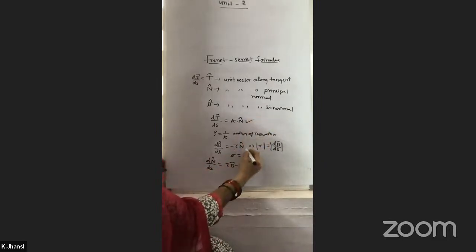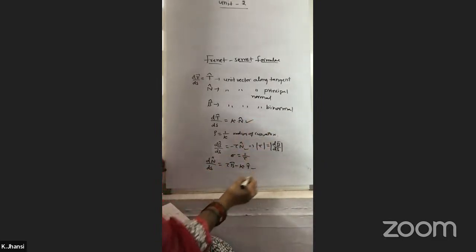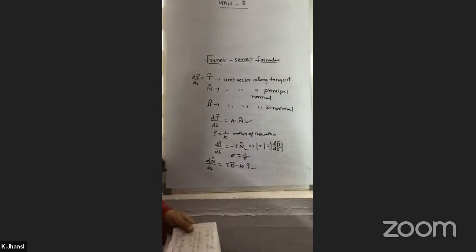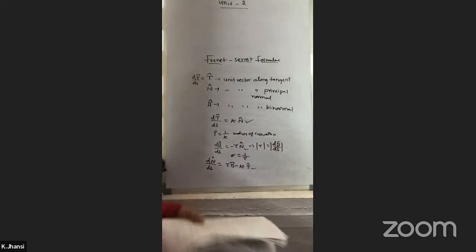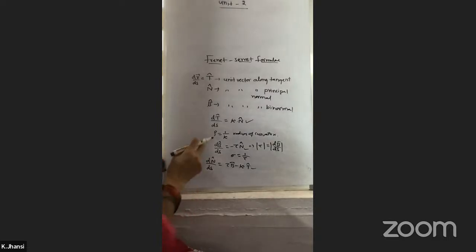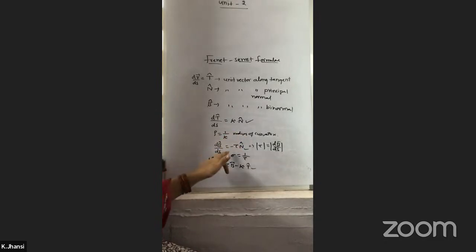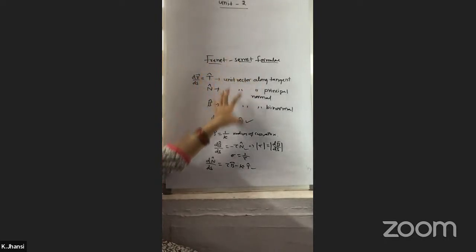These three combined are called the Frenet-Serret formula. If you remember them, a problem may ask you to find the radius of curvature, the torsion, the curvature, and also the value of dN by ds. So in one question you may be asked to find all these values. You may get a 10 marks problem on Frenet-Serret, on all these identities.